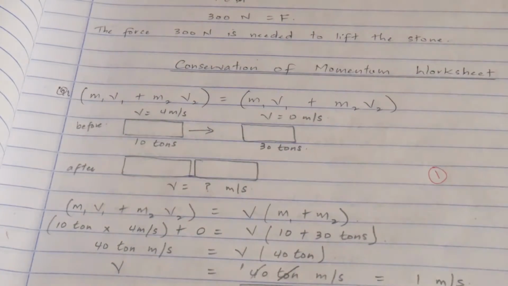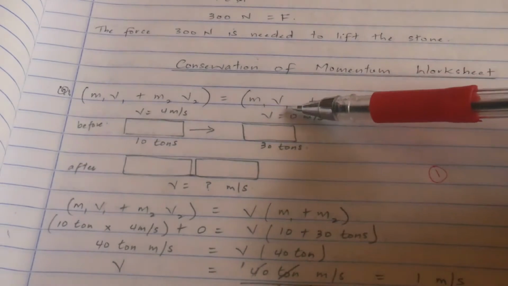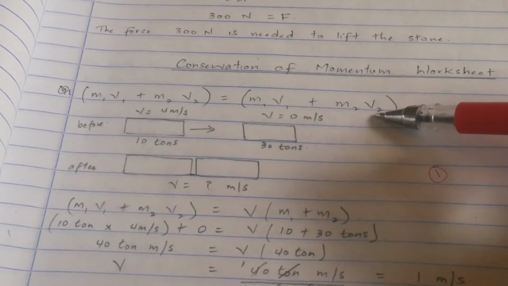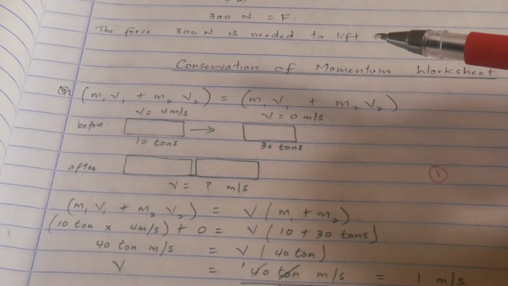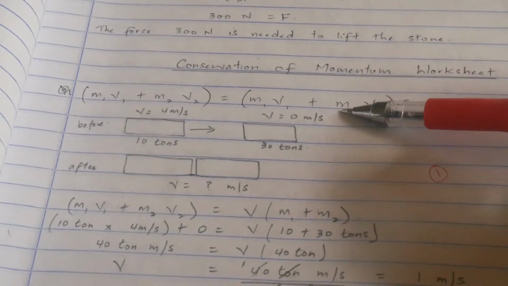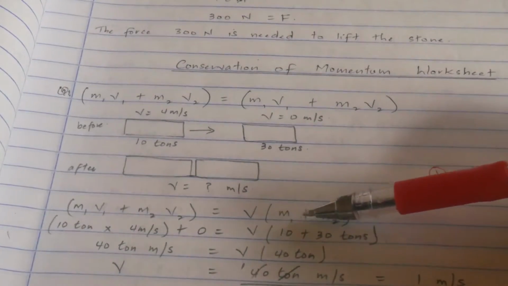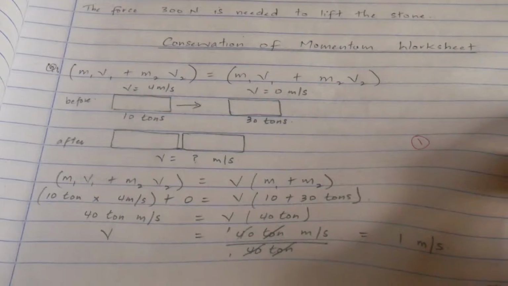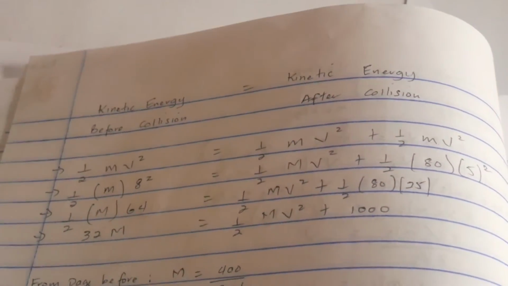And I showed you why this was the case, because if v1 and v2 is the same value, you don't have to call it v1 and v2, let's call it v. So you have m1v plus m2v, which is the same as (m1 plus m2)v. And you have a simple calculation, which will give you that. Alright. Next question.